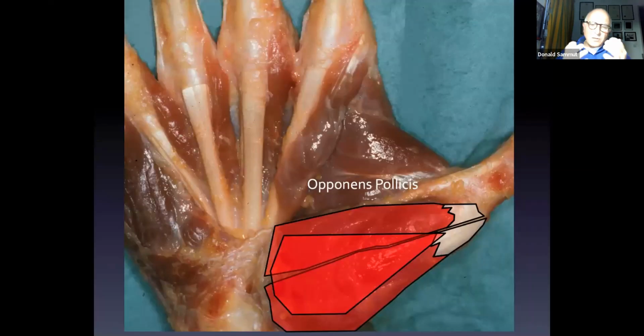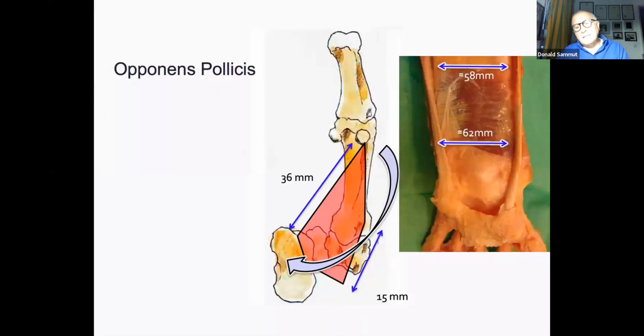The opponens is a curious little muscle. It invests the metacarpal, arises from almost the entire shaft. And the characteristic of this muscle is that it has a huge variation in fiber length, the shortest being around 15 millimeters and the longest being about 36 millimeters.